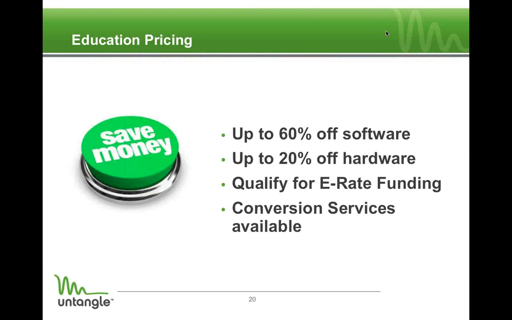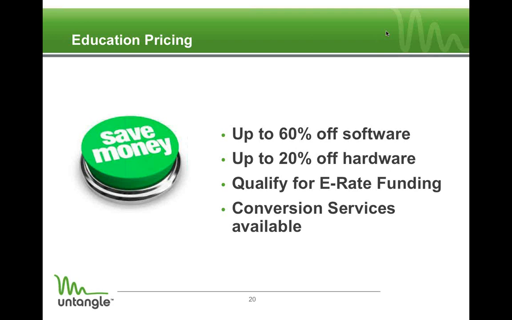Okay, great. On the pricing side, we offer up to 60% off on our software, as well as up to 20% off of hardware, and those are reflected in the MSRPs for our education products, which are basically the same products as you would get for a non-education buyer, but at an education price.